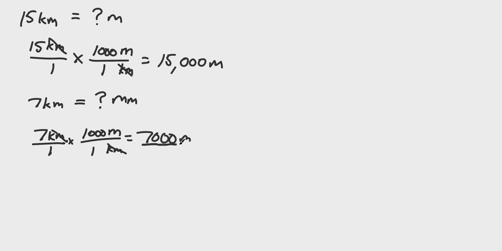Now we're going to take that 7,000 meters, put it over 1, and multiply it by, again, on the bottom what we want to get rid of, the meters. On the top, we want to get millimeters. And now you know from the metric tables that 1 meter is 1,000 millimeters. So if we multiply that out, we get 7 million.